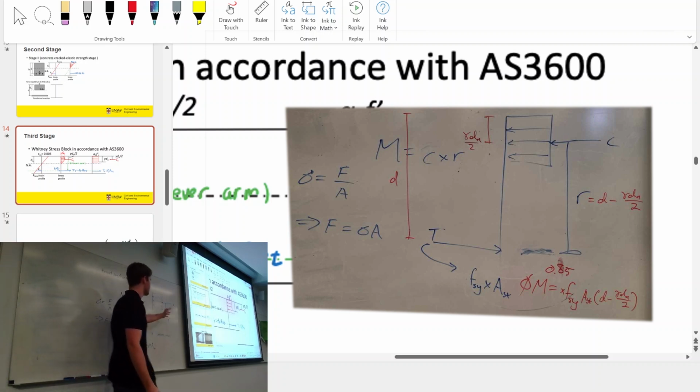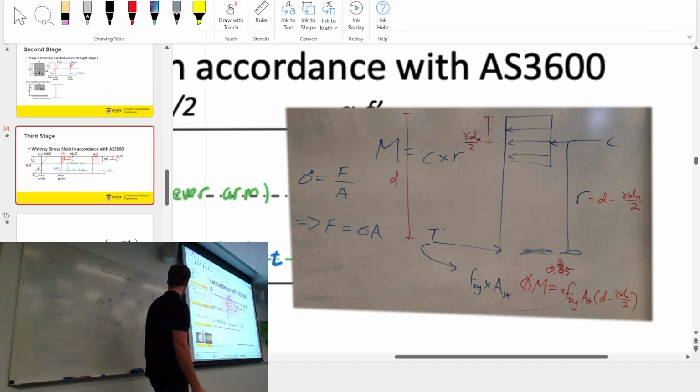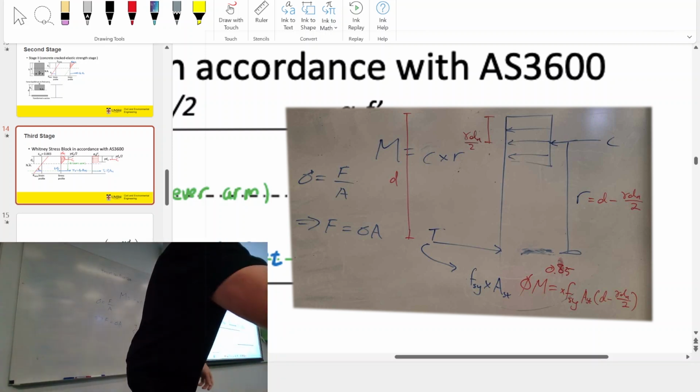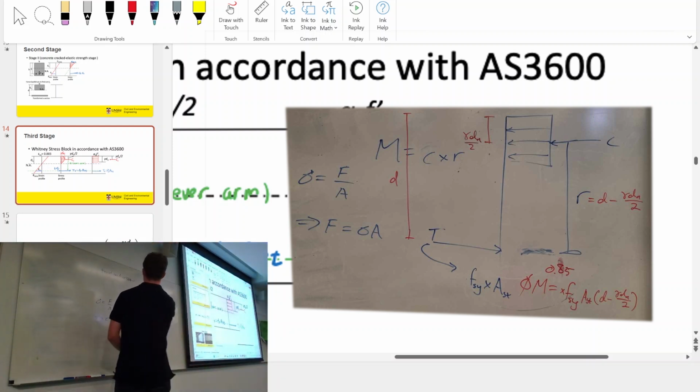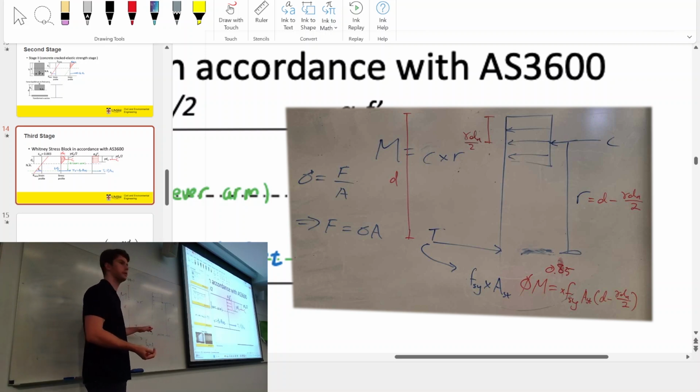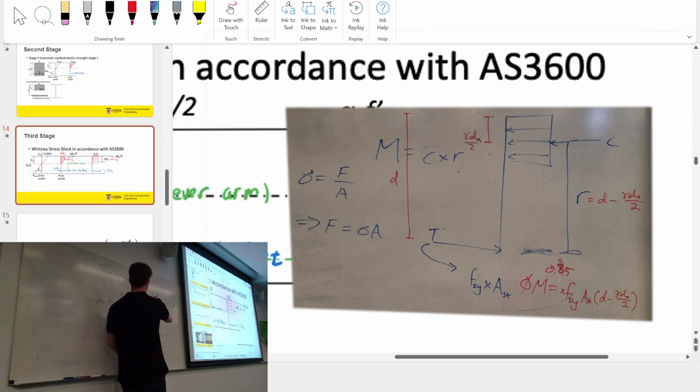And then you just got to work out the lever arm, right? Now, Taewon will go through this as well, but the lever arm is just the distance. This will be the top of your concrete section here. This is the bottom because you've got cover, right? This distance is called d, which is your depth to reinforcement, right? And the depth to this resultant force halfway.